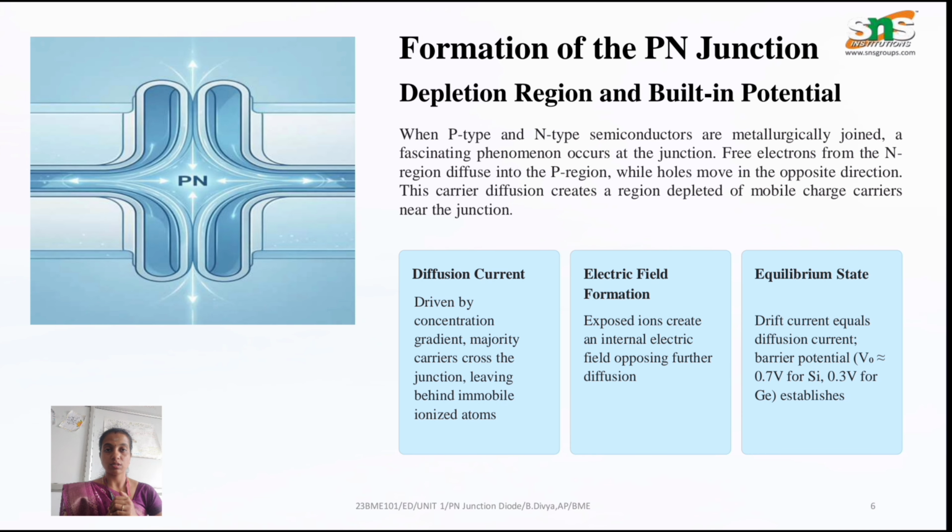Of the main two semiconductors, germanium has a barrier potential of 0.3 volt and silicon has 0.7 volt.